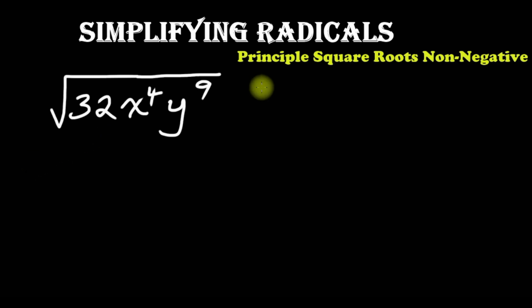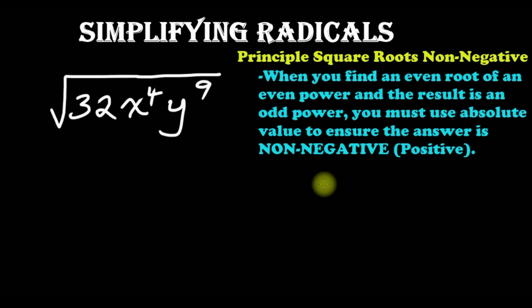It is called the principal square root, which is non-negative. You have to understand that when you find an even root of an even power and the result is an odd power, you must use absolute value to ensure that the answer is not negative.